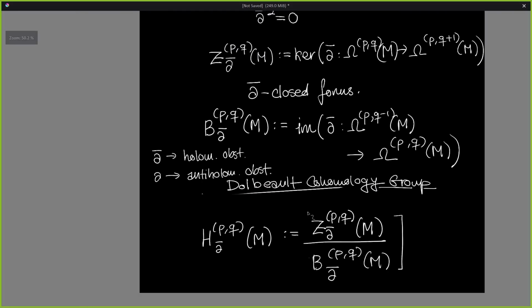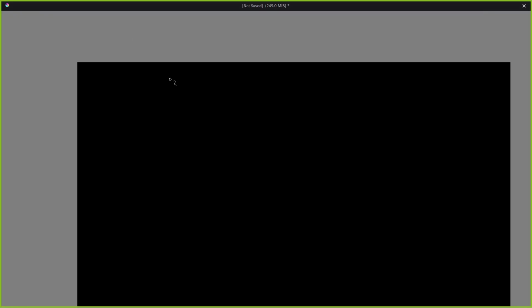What does that mean? Well, let's get to the part where we're talking about local to global behavior, local to global patching.